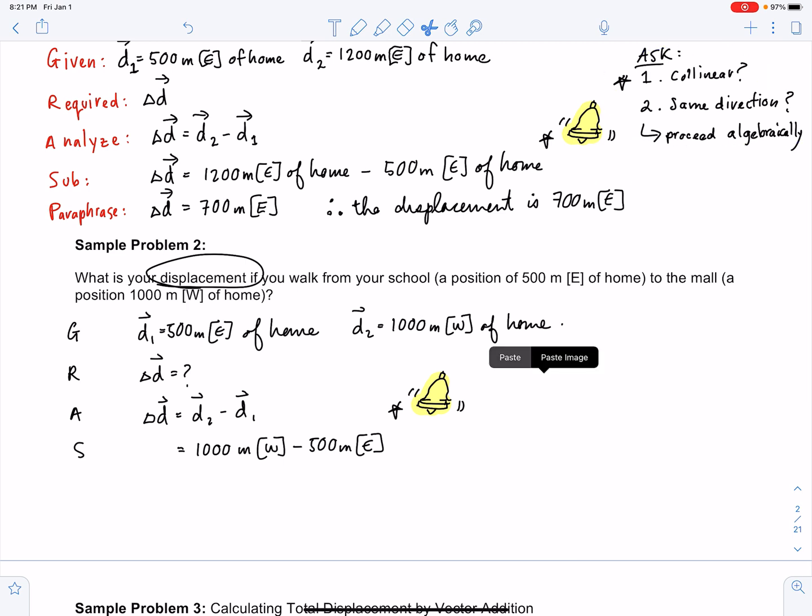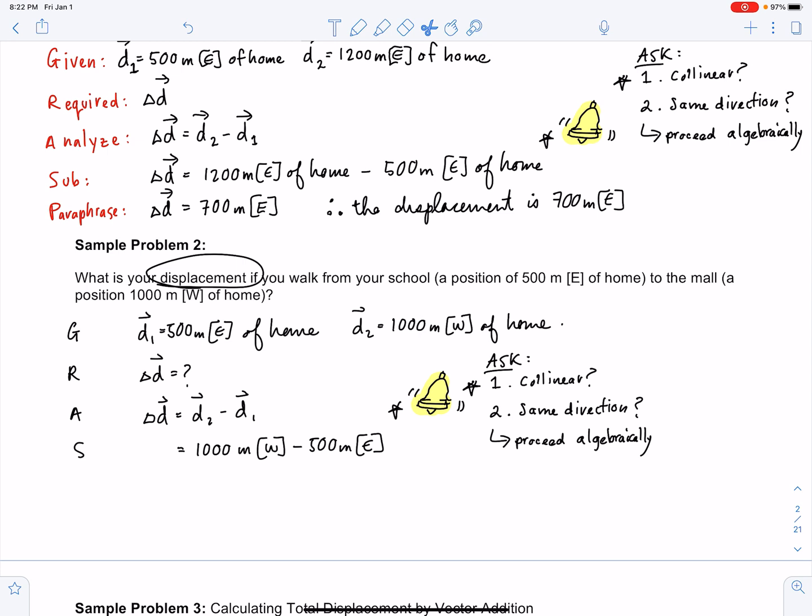We have 1,000 meters west and 500 meters east. Are west and east collinear? I'll give you a minute to think about that. What I'm asking you is, are west and east located along the same straight line? They are. West and east are located along the same straight line, so these two vectors are collinear.